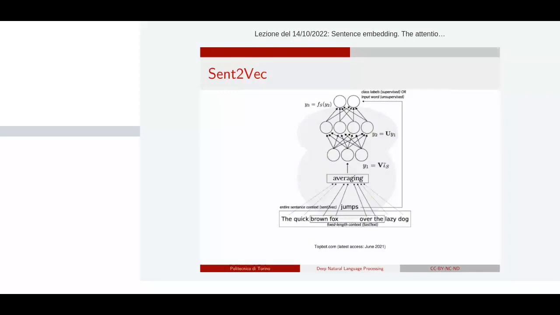This is a typical sentence in NLP. A toy example in NLP, you will find this many times. The goal is to predict jumps, okay? But you do it not only on a fixed size, but you include in the context the entire sentence.